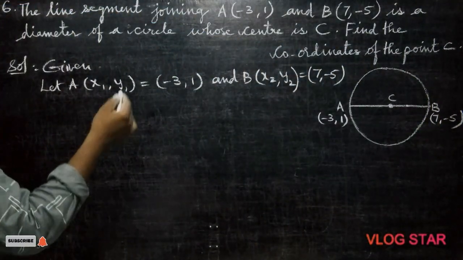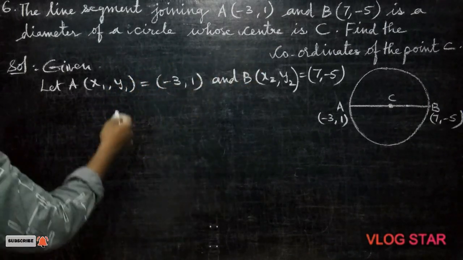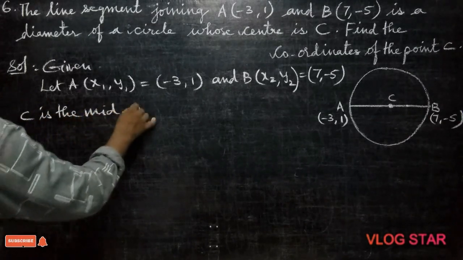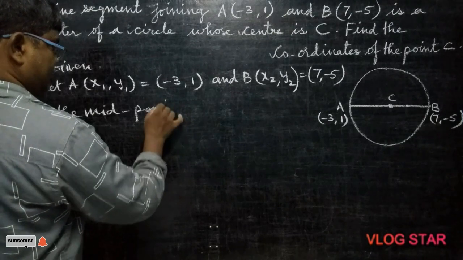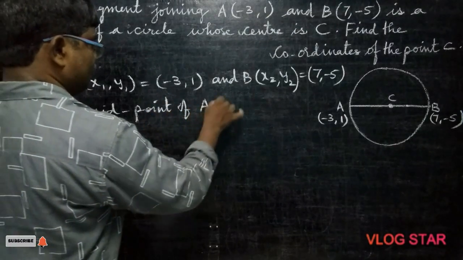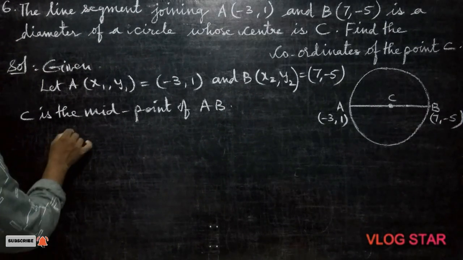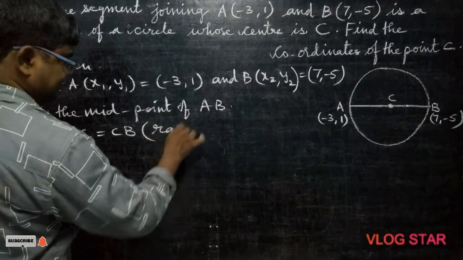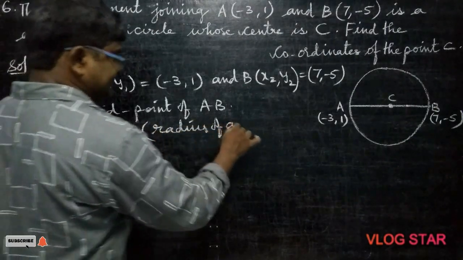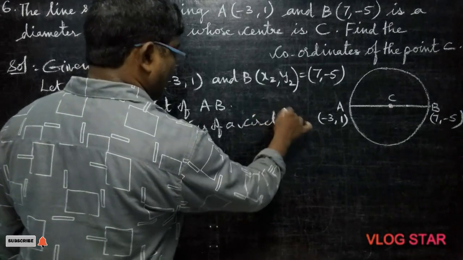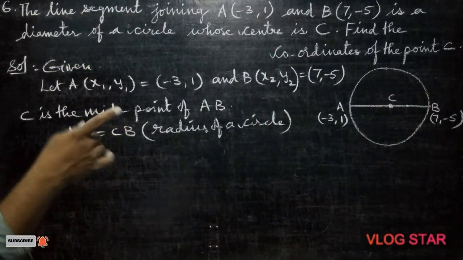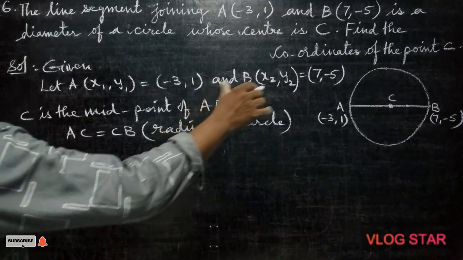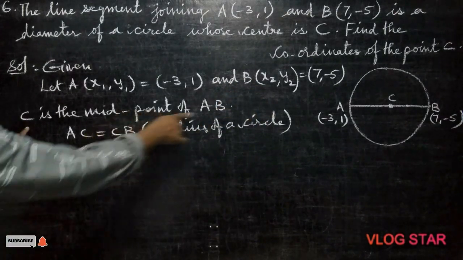Now they are asking for the coordinates of the point C. That means C is the midpoint of AB. How did you decide? AC is equal to CB, because they are radii of the circle. However much AC is, that much will be BC. So equal distance will be there, so C acts as the midpoint of AB.